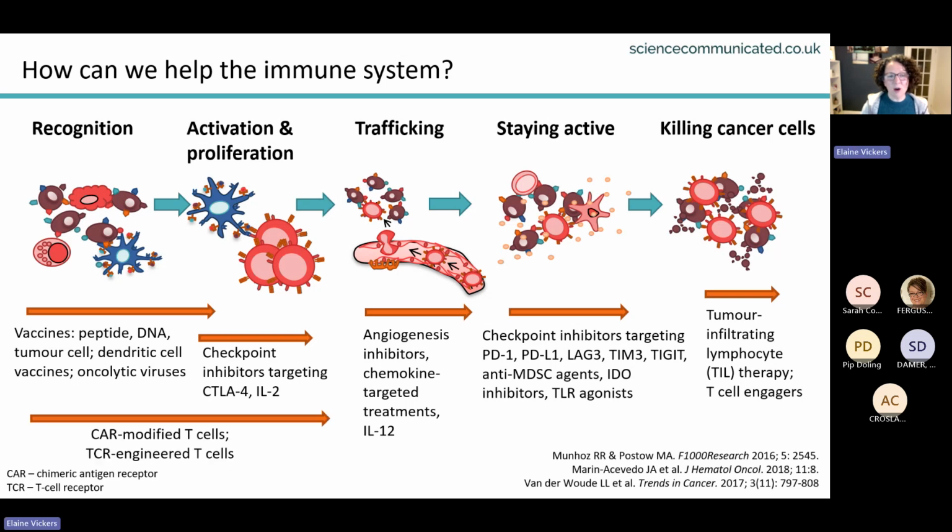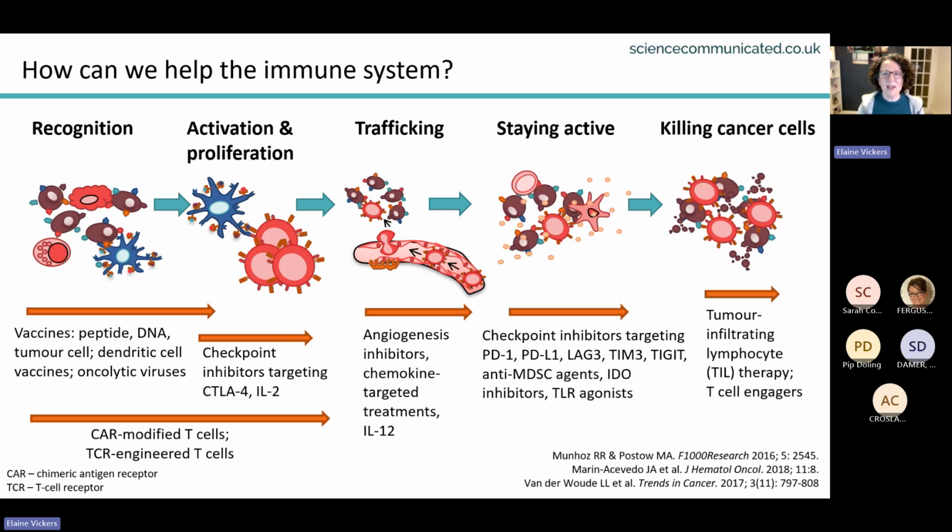And then finally, CAR-modified T cells, TCR engineered T cells. This is when you take T cells out of the blood, you genetically alter them so that they produce a new receptor protein, one that recognizes something on the person's cancer cells. This is an effective treatment for hematological cancers. It's much more of a struggle to make this work for the solid tumors.